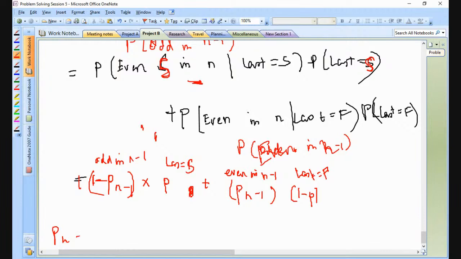So we get Pn is equal to, what do we get? Can someone calculate?